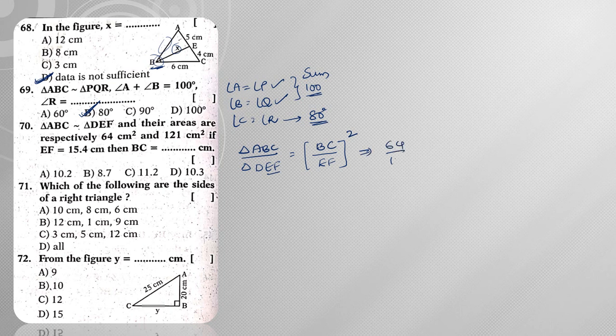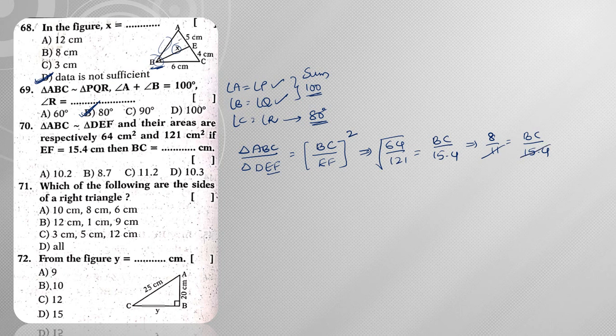Now substituting the values, 64 by 121. Since it is a square, I can take the square root, which is equal to BC, which I don't know, by EF, which is 15.4. By taking the square root, this becomes 8 by 11 is equal to BC by 15.4.